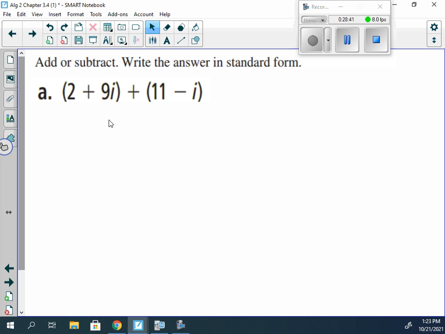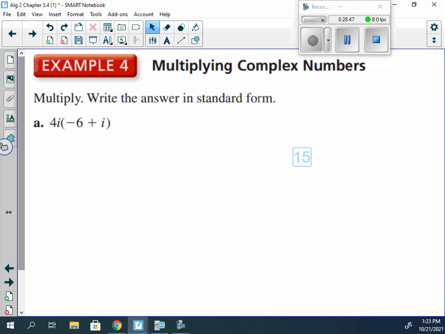Do we see another example with addition or subtraction? Well, the next thing we have is multiplication. So with this here, to solve it, we would use the distributive property.